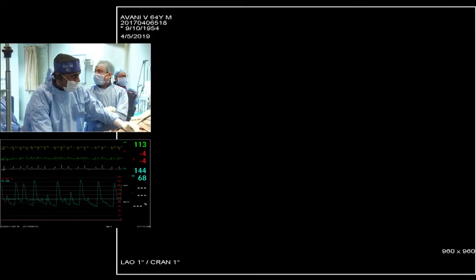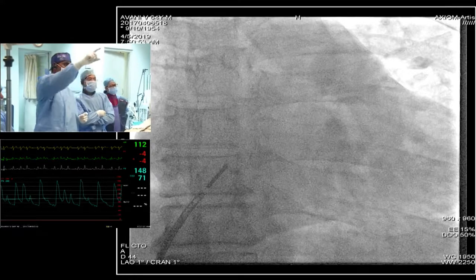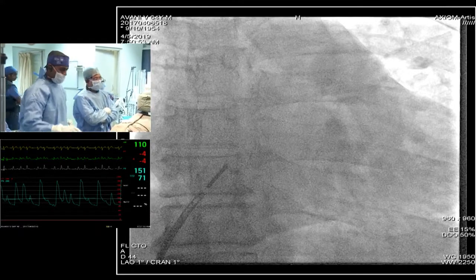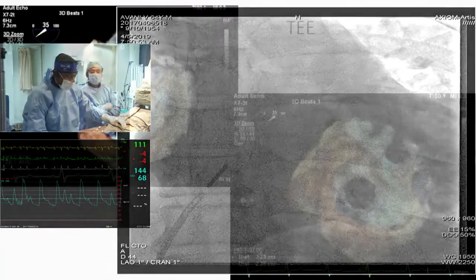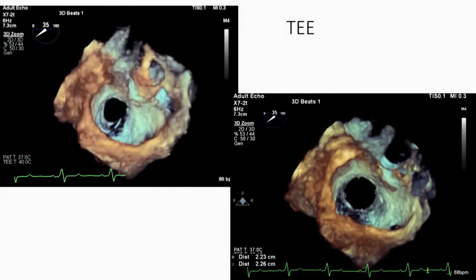Today we are planning it by intracardiac echo. Show the transesophageal echocardiogram. Please show the transesophageal echocardiogram once again. Show the coronary angiogram and explain it. So this is the RAO caudal view coronary angiogram.